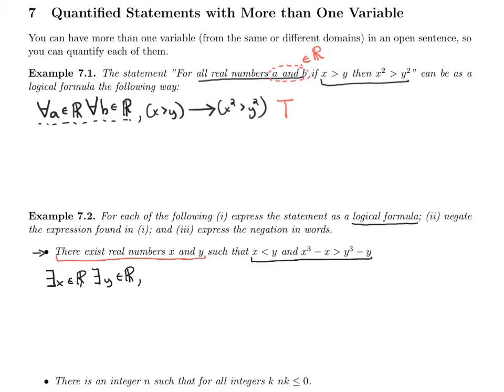So we have that x is less than y, and x cubed minus x is greater than y cubed minus y. So there is our quantified statement here. We translated this English sentence to this logical formula.